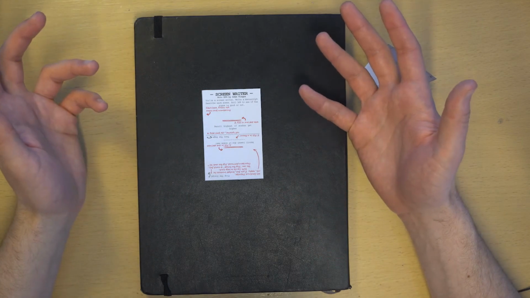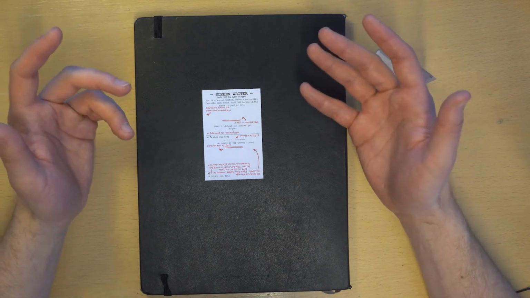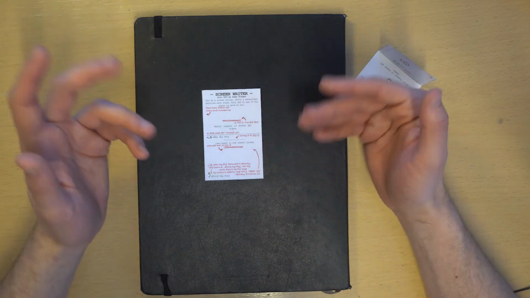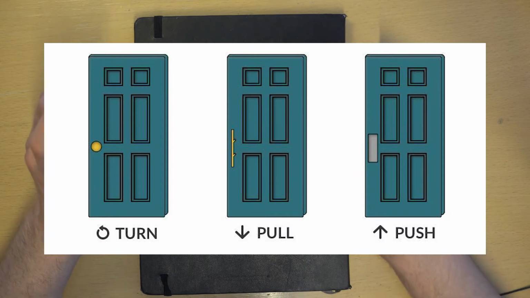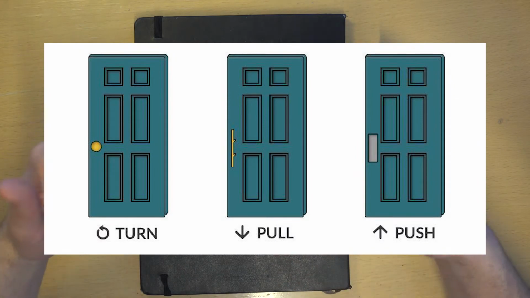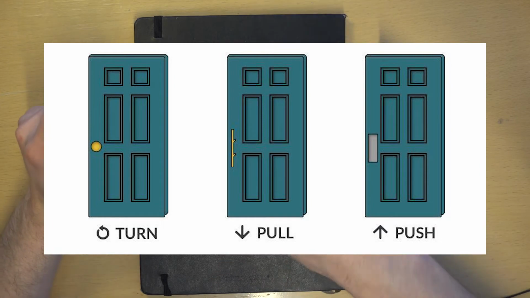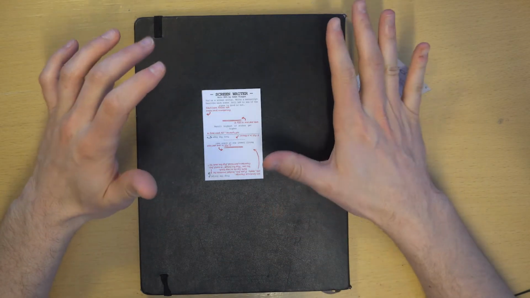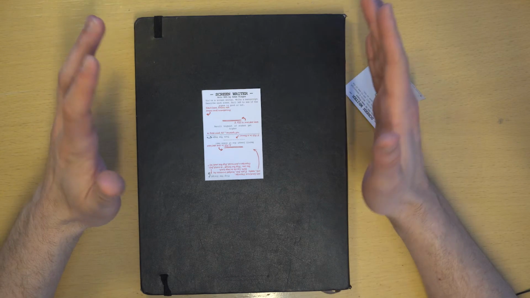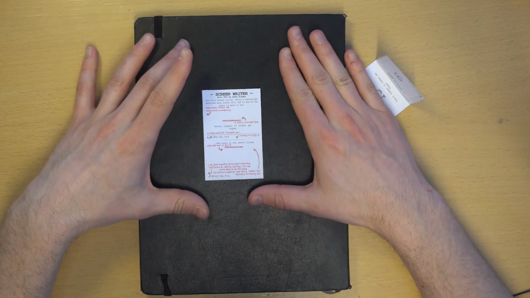It's the same as doors and the type of handle that you're using on the door that will automatically tell the user which way to open the door. All of these things are part of the affordances when it comes to design.